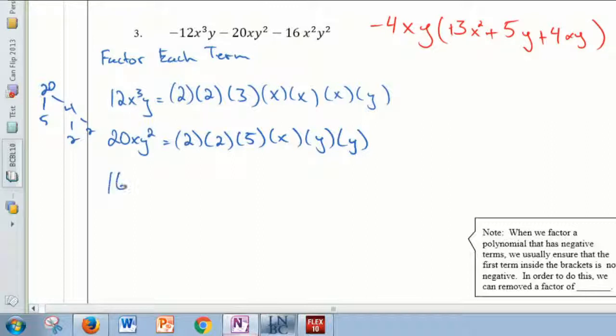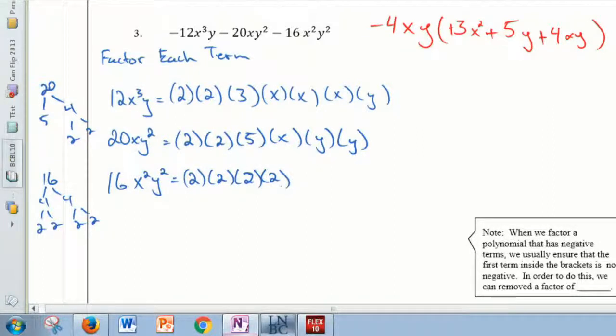And then we have 16x squared y squared. Breaking 16 down into its prime factors, 16 is 4 and 4, which is 2 times 2 times 2 times 2. So there's my 16. And then I have x squared, there's 1x, there's 2 x's, and then y squared, there's 1y, there's 2y's.